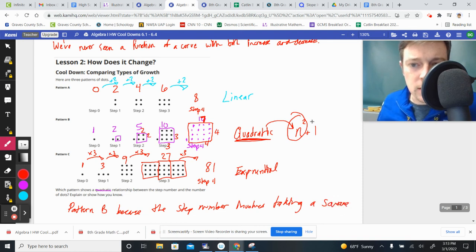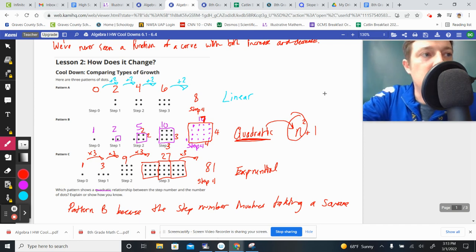So we have n to the second power or x to the second power. I'm sorry, my handwriting is really bad there, but hopefully you can listen to it and get what I'm saying. The step number involves taking a square, or multiplying a number by itself.